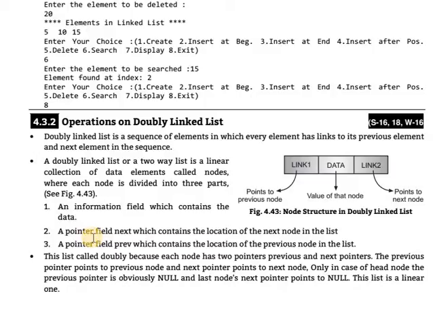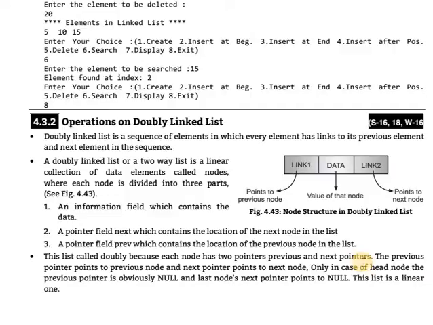The second part is a pointer field, next, which contains the location of the next node, that is, it points to the next node. The third part is a pointer field PREV, meaning previous, which contains the location of the previous node in the list, that is link 1, pointing to the previous node. This list is called doubly because each node has 2 pointers, previous and next.